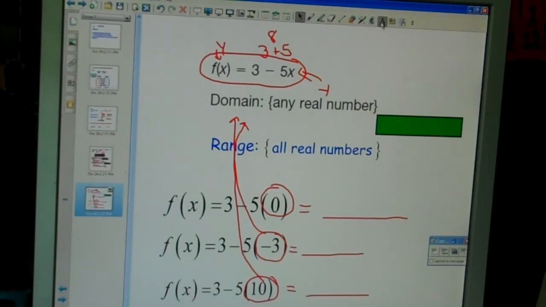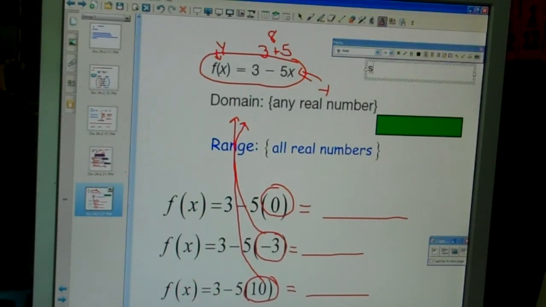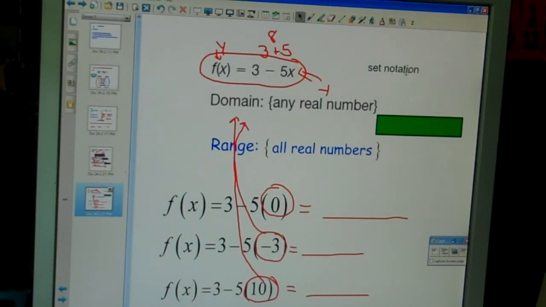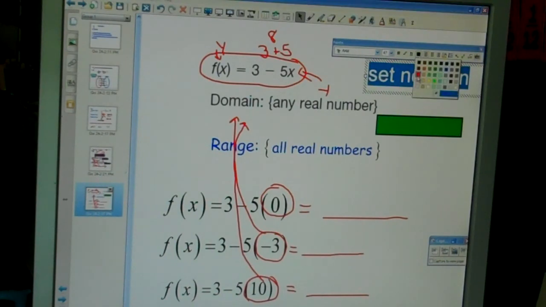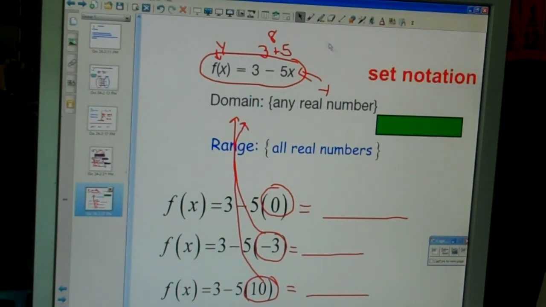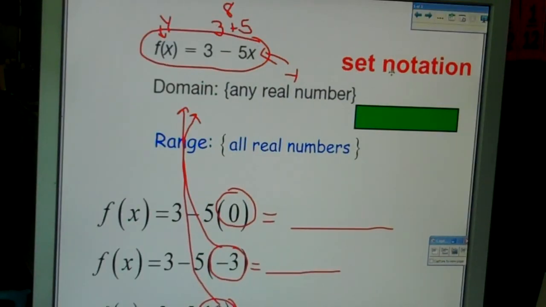Let me write that for you. Okay, that would be another keyword to write down, set notation. It's using these brackets to define what makes this function true.